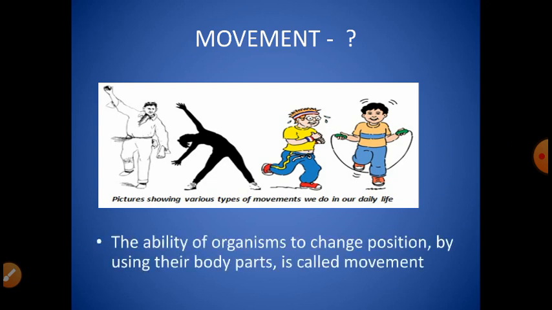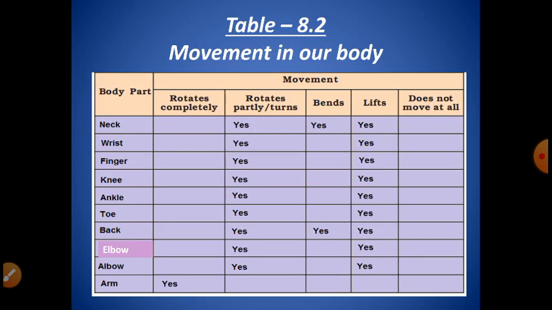Now, what is movement? Movement is actually the ability of any living thing to change its position by using its body parts. These are the various body parts that are capable of either rotating completely, rotating partially, bending, lifting, or some of them cannot move at all.